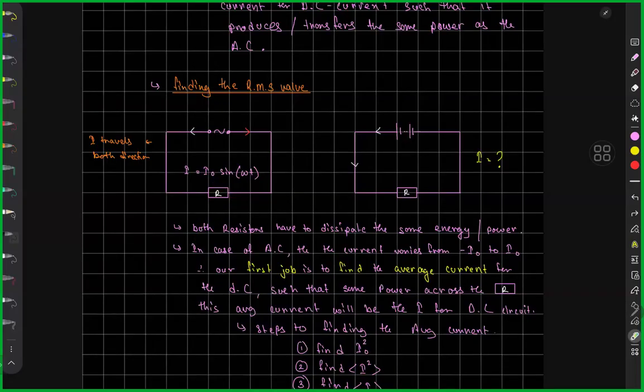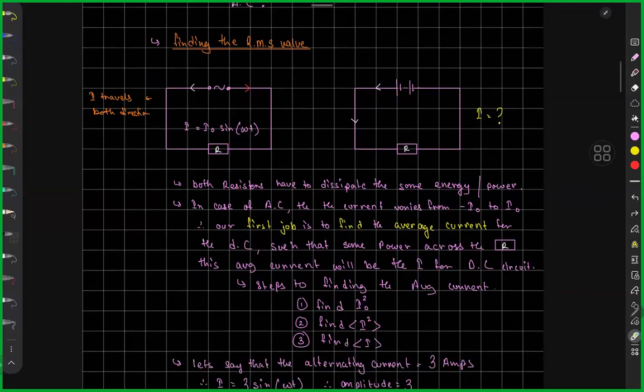So this is how you show alternating current supply. Current is traveling in both directions. And in both cases, when you have a DC supply and when you have an alternating current, they're supposed to dissipate the same amount of energy or power.